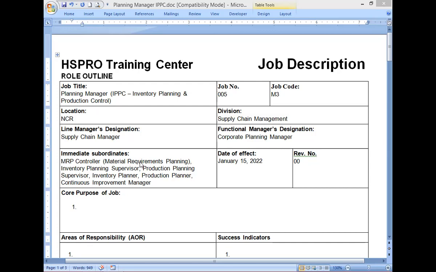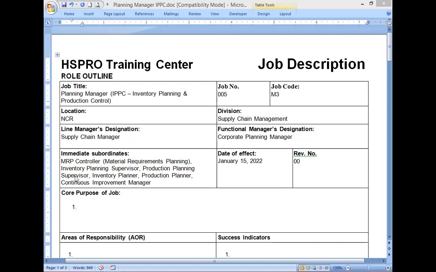Okay, this position is doing planning on the manufacturing requirements, all materials and ingredients requirements, and this position should be able to maintain the inventory as far as materials is concerned in the warehouses or the inbound logistics. And then another subordinate is inventory planning supervisor and production planning supervisor.